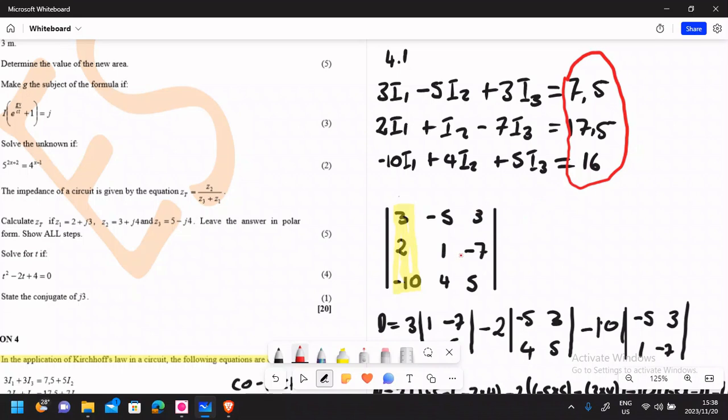The reason why we put them here is because we are looking for the determinant for I3. So let's rewrite this where we substitute only the constant. I hope you guys managed to understand that one.